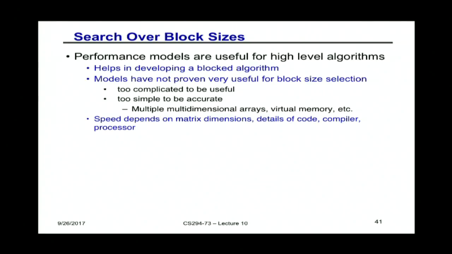Okay. So one of the things we need to worry about for the blocking version, for example, is how do you choose the block size? That's one of the parameters. So very often people generate the code with different block sizes, then you run those on different machines. The performance models can be useful.